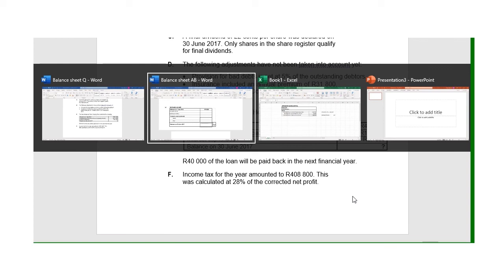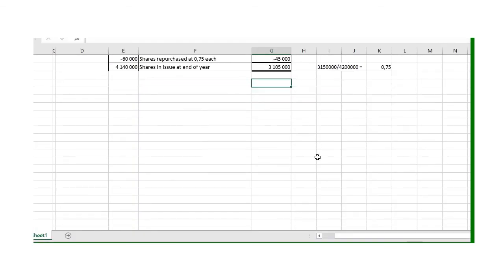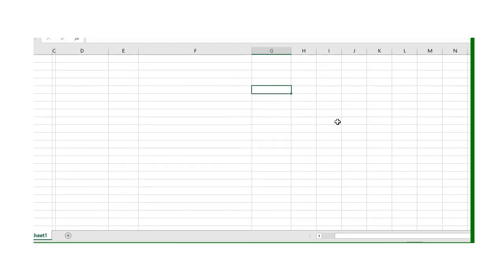Remember, if we think about our income statement, before tax would basically be 100%. The tax itself is the rate that they give me, and they said it's 28%. So before tax minus tax gives me after tax. So 100 minus 28 gives me 72.